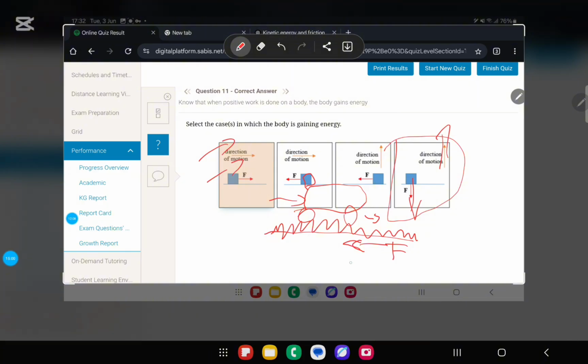That means it loses energy, because it wastes all its energy trying to get through even a small distance, but it can't since it's very rough. So that's it. Resistive, it's resisting it. Memorize it like this: resistive resists the object from moving forwards, and motive goes along with the object. The force goes along with the object.